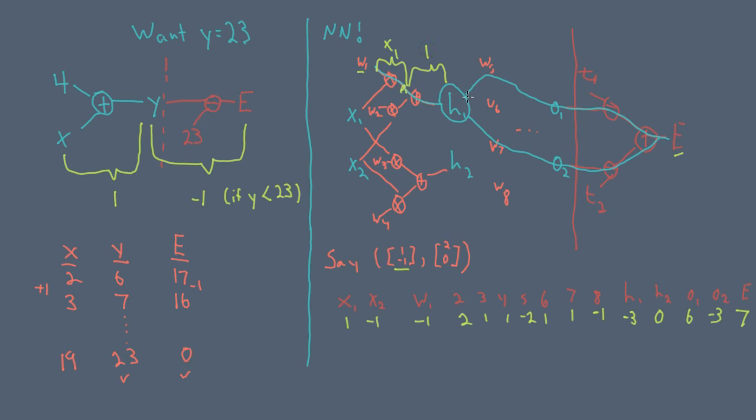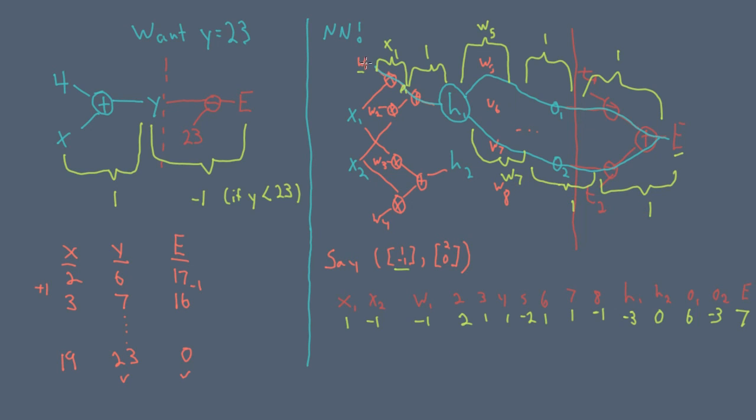And we have 2, so we know we're going to have a sum, right? So we know the effect of h1 on e is going to be a sum. So the first part of the sum is going to be w5, and then a 1, and this is a 1, and this is a 1. The second part of the sum is going to be a w7, and then a 1, 1, and 1.